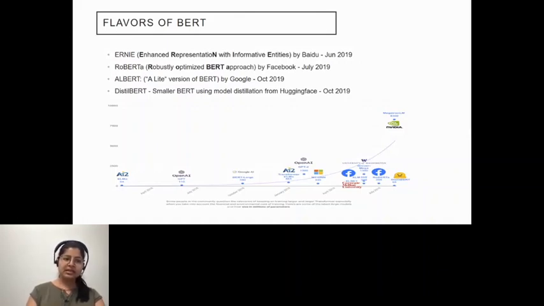ERNIE, RoBERTa, ALBERT, DistilBERT are a few of the popular ones, and they lie within the 2018-2019 timeline. As of today, this research has continued, and we are still seeing a lot of different variations, but these models have been used for word representation or textual problems as a black box, with the ability to fine-tune, which is today's representation of the data where word embedding lies.